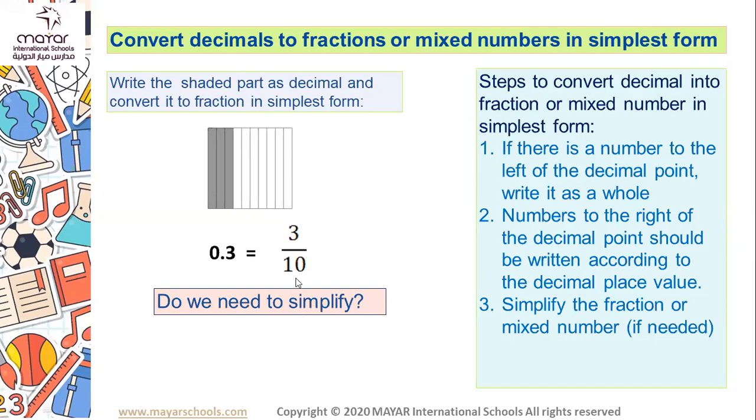Is 3 out of 10 in simplest form or not? Three out of 10. Is it simplest form, Hamid? Think with me. How do we know if it is simplest form or not?